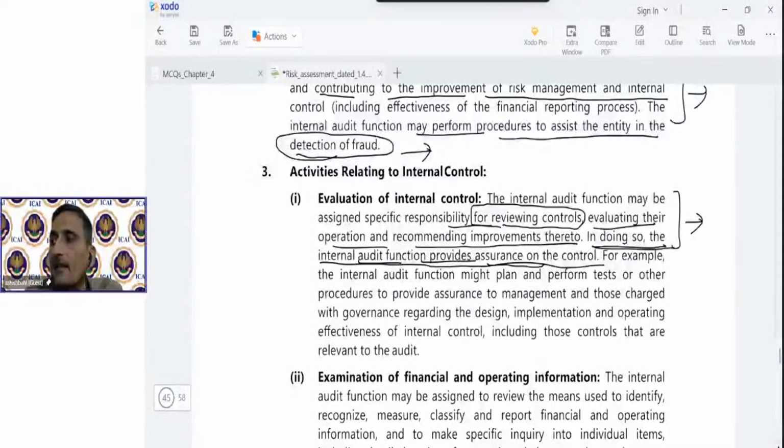Yes, anybody? If the company has got a well functioning internal audit department, then how is the external auditor affected by it? What are the implications for him, whether these are on the positive side or on the negative side?